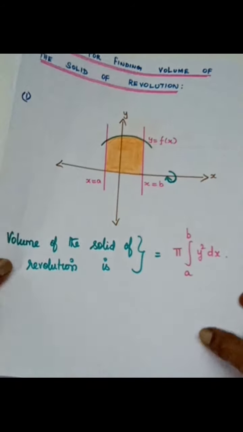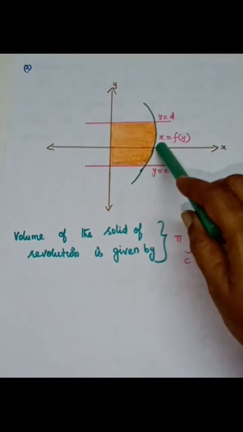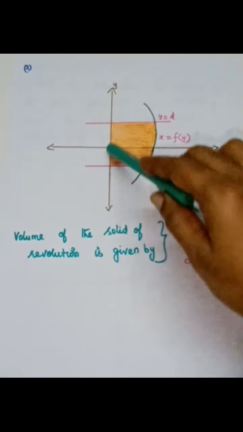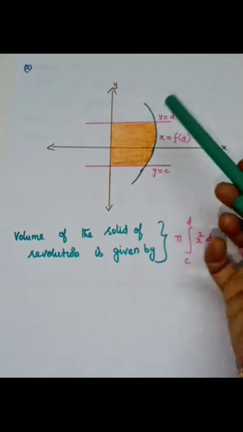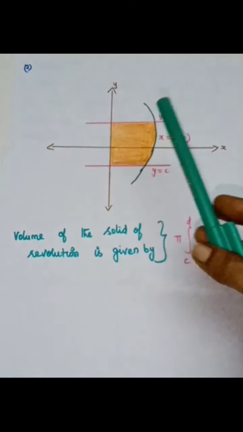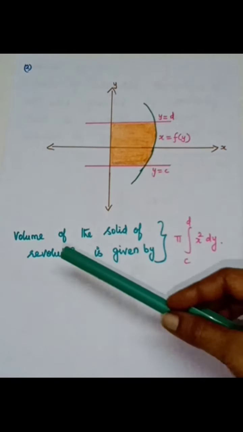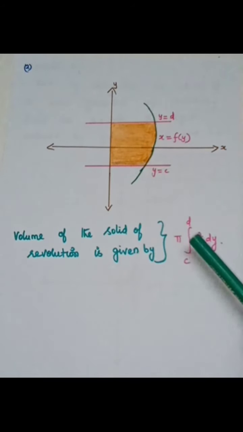Okay, the second one: the area bounded by the curve x is equal to f of y, this green curve, the y-axis, y is equal to c and y is equal to d. It is revolved about the y-axis. You will get a solid. Then the volume of the solid of revolution about the y-axis is given by pi times the integral from c to d of x squared dy.